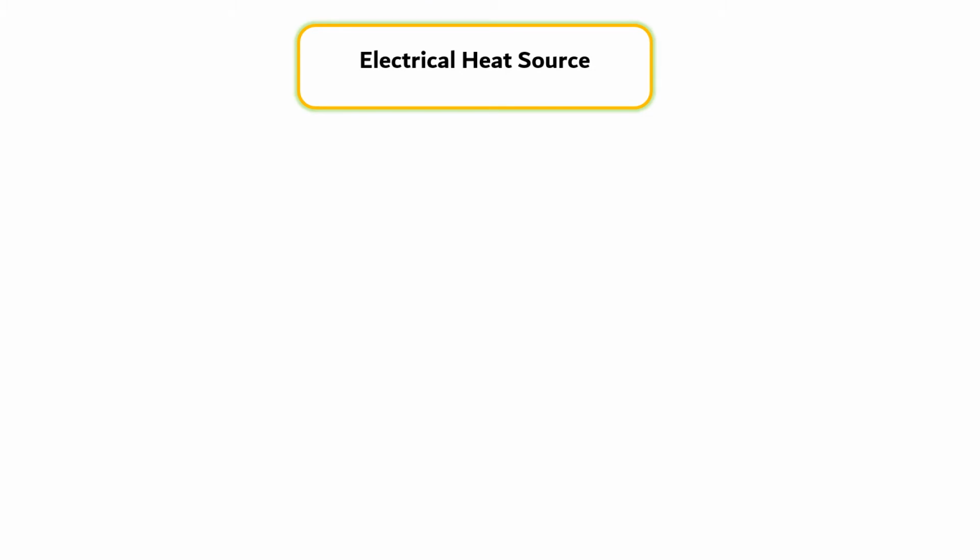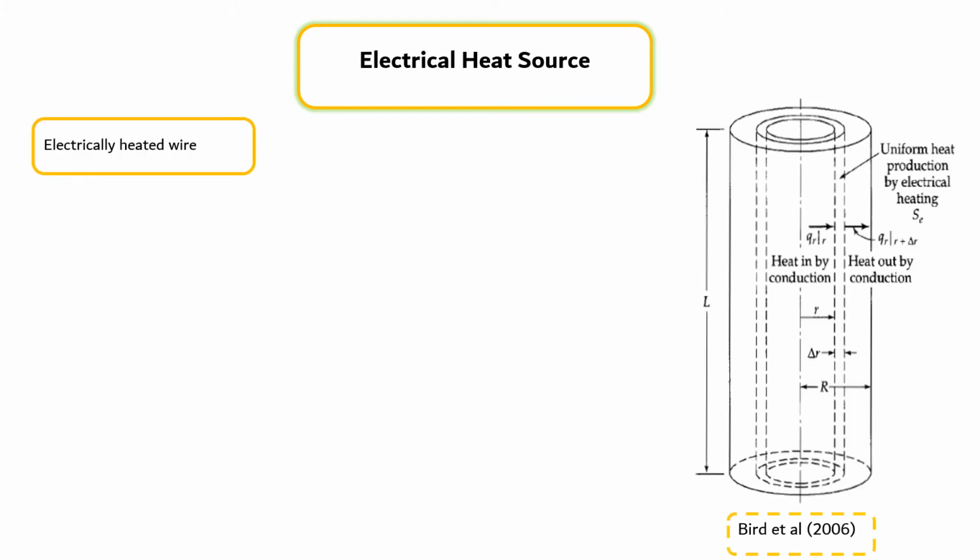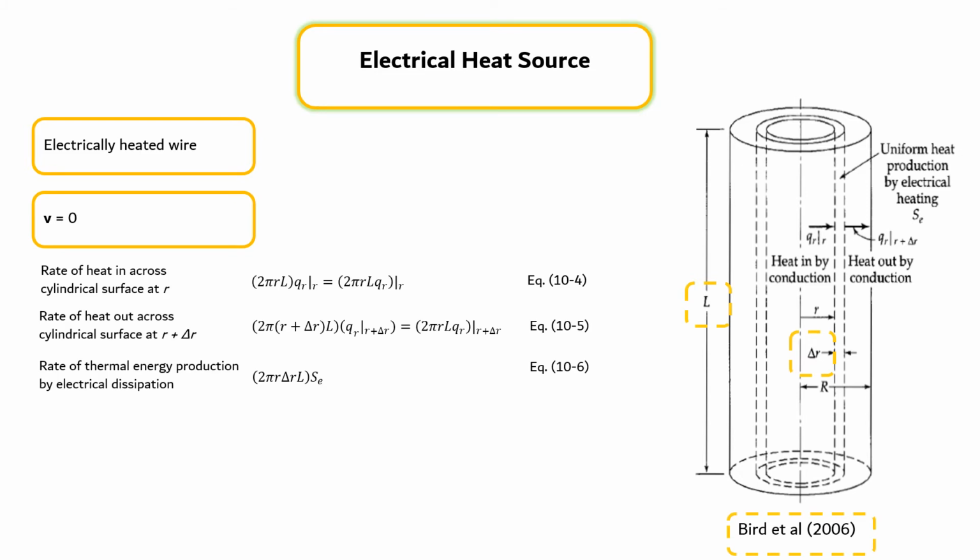Let's consider an electrically heated wire as shown in the right figure, with a cylindrical shell of thickness delta R and length L. Since v equals 0 in this system, the only contributions to the energy balance are shown in equation 10.4 to equation 10.6. Note that in and out is taken to be in the positive R direction.